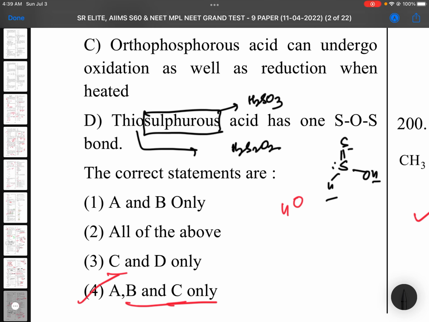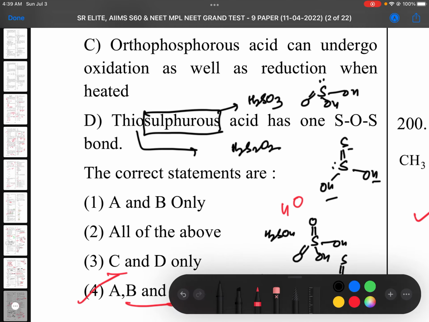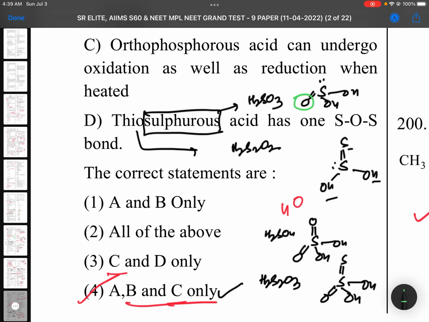H2S2O2 is this one. H2SO4 will be like this, na? S double bond O, OH and OH. Thiosulfuric acid means H2S2O3. Just replace one. This is thiosulfuric acid. In the same way, H2SO3 means one lone pair, one double bond, one OH, another OH. This must be replaced by sulfur. That's all.